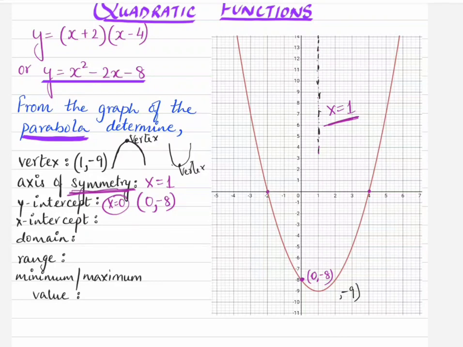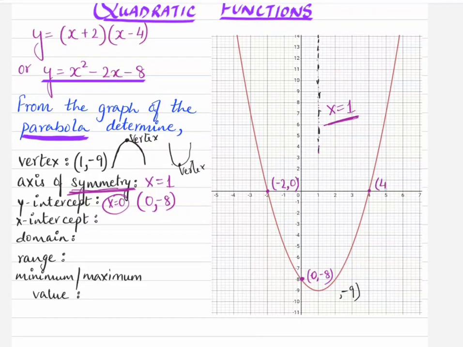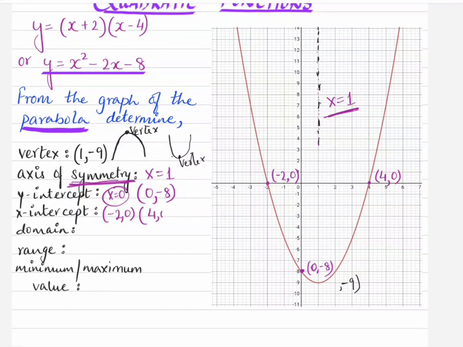So here it's those points which will be (-2, 0), because this time the y value is 0, and (4, 0). So the two x-intercepts are (-2, 0) and (4, 0). There are two x-intercepts there. Cool. I hope this makes sense.